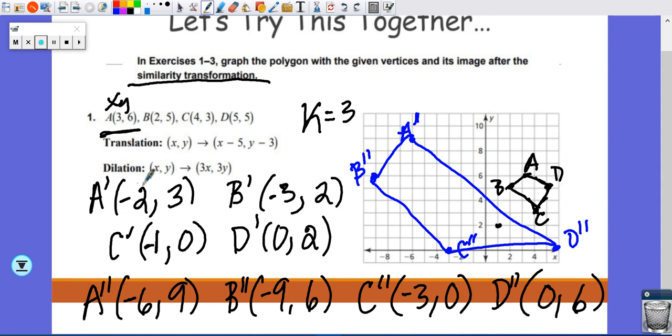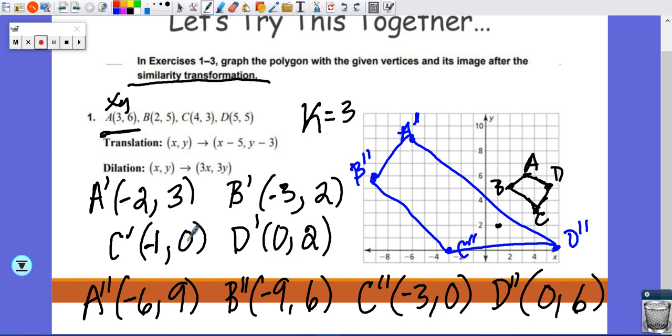So here, 3 minus 5 is negative 2. 6 minus 3 is 3. So I got that right. And then 2 minus 5 is negative 3. And then 5 minus 3 is 2. So that's okay. And then 4 minus 5 is negative 1.